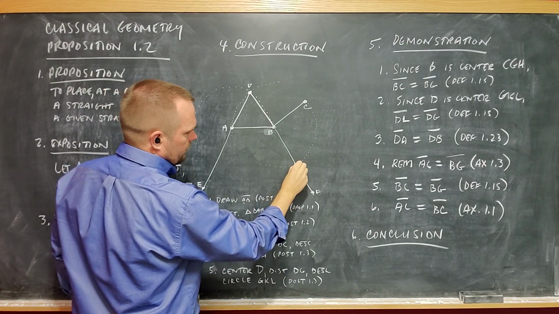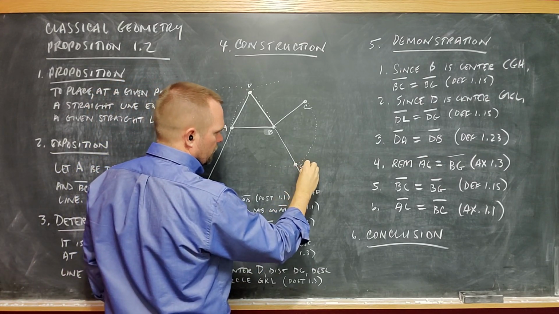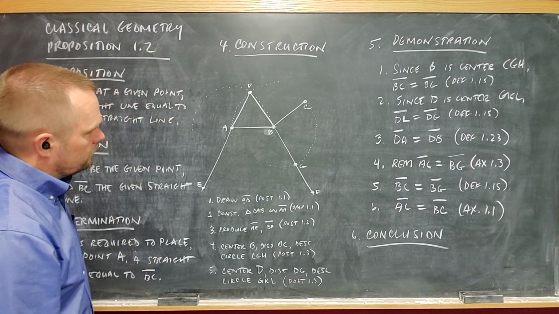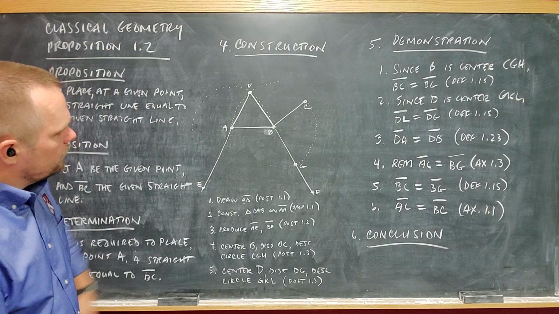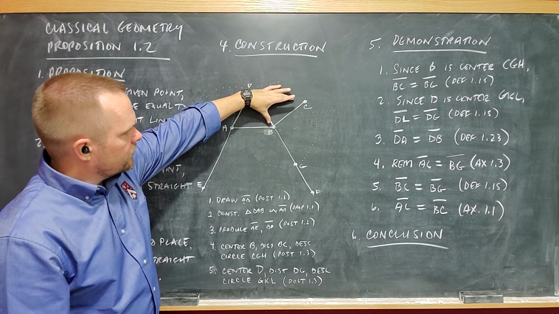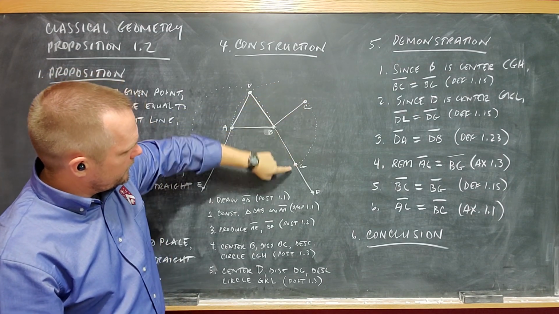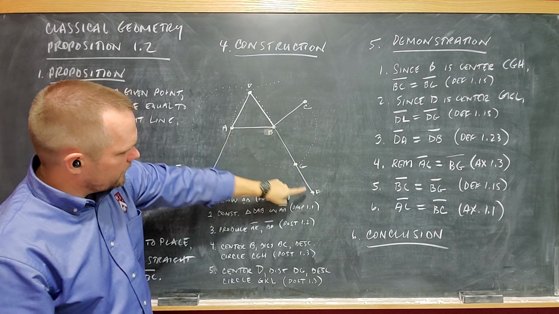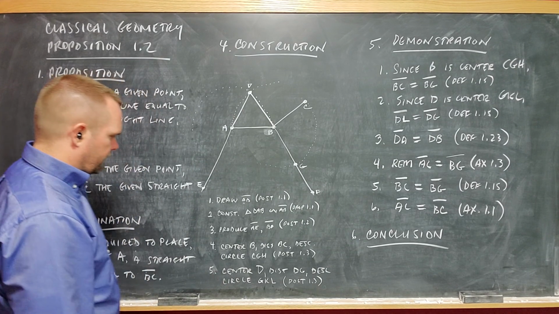And where that circle intersects this line, we're going to label that point G. Okay? We're going to label point G where the circle at center B and distance C intersects line BF. And that gives us a new line, BG.